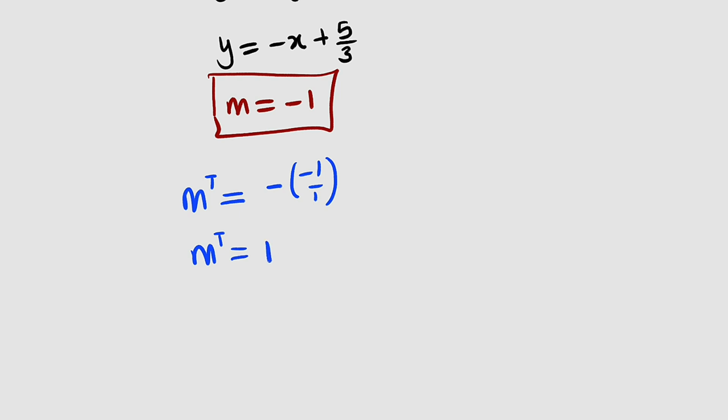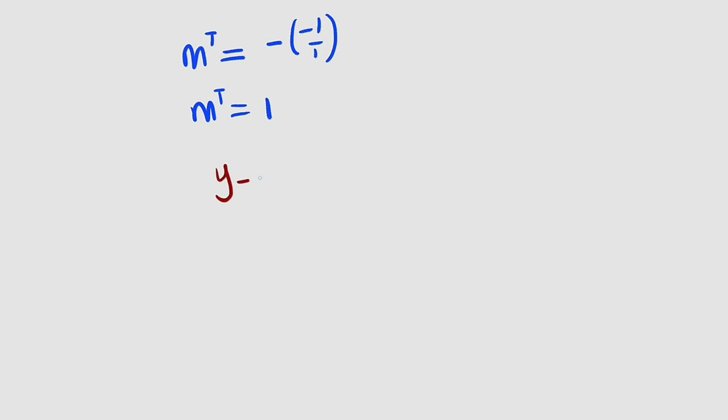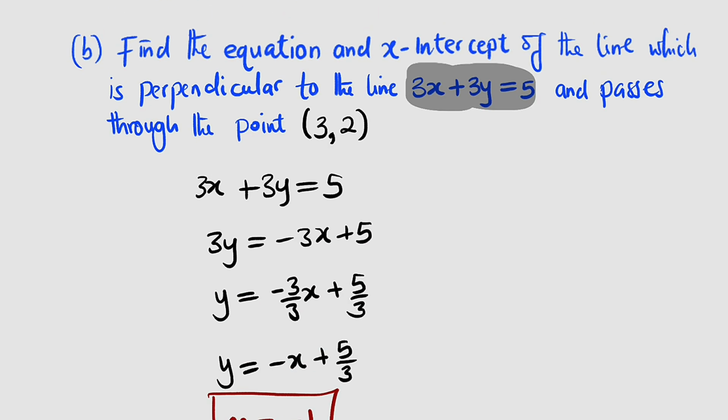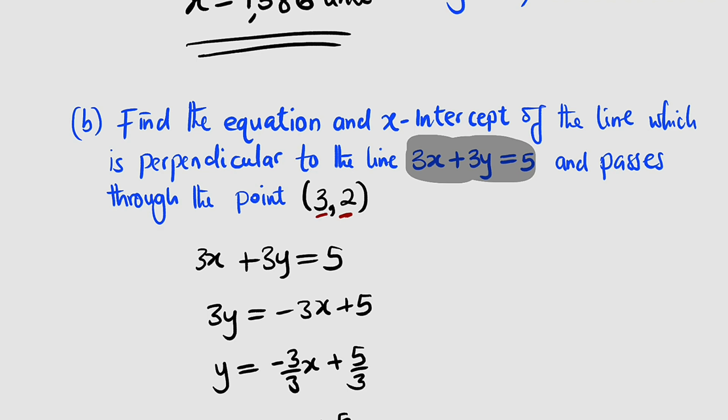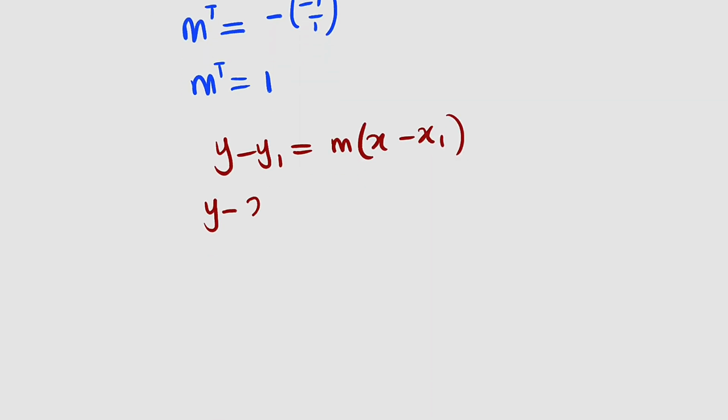So let's apply this formula to find that equation, which is y minus y1 equal to m times x minus x1. And this type of equation, we call it point-slope form. So this is y minus y1 from the point given to us. y is 2 and x is 3. So we have 2 here, and this is equal to, remember, this is our perpendicular slope, we have 1, then multiplied by x minus 3 from that point.